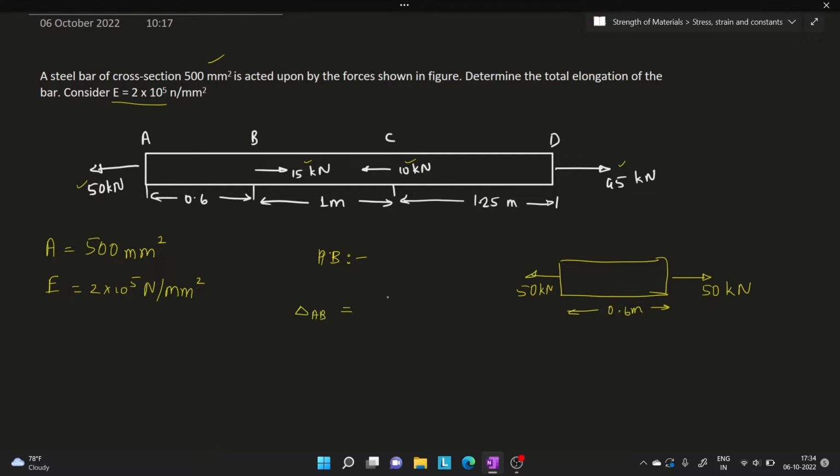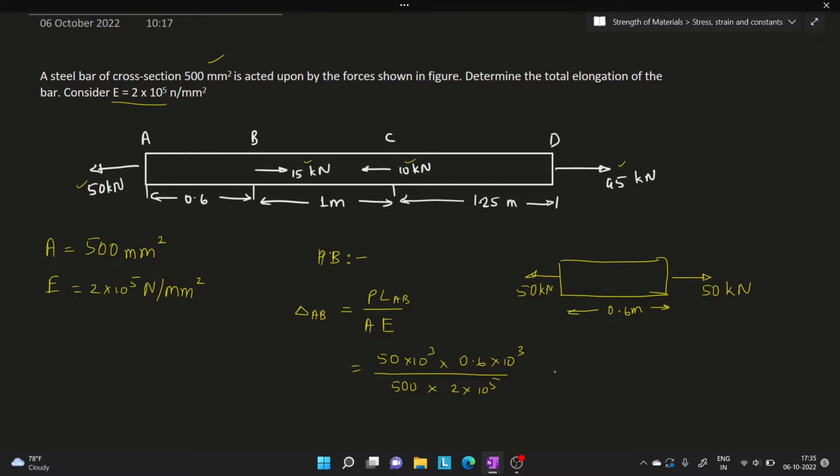Delta AB is given by PL divided by AE, where L is the length of AB. Let me substitute all the values, keeping all units in mm. P is 50 into 10 to the power of 3, L is 0.6 into 10 to the power of 3, divided by A, 500 mm square, into E, 2 into 10 to the power of 5.